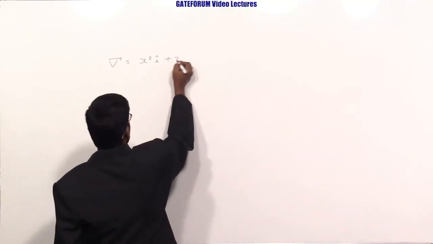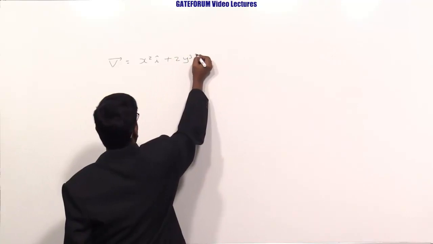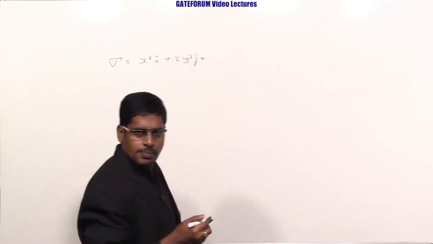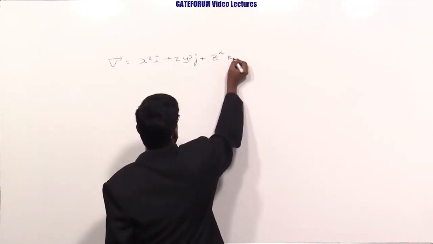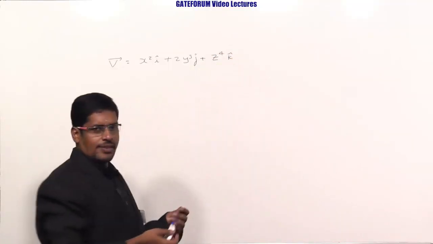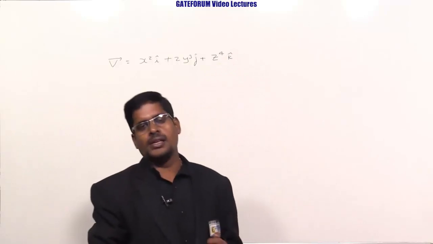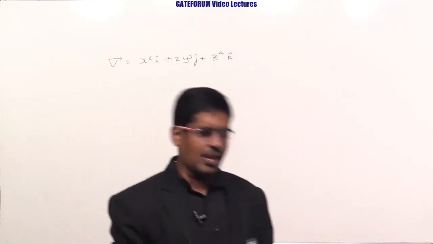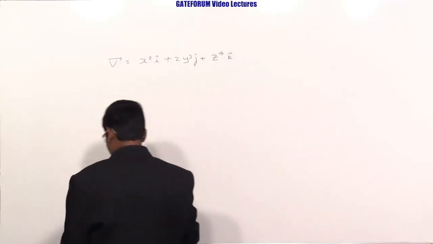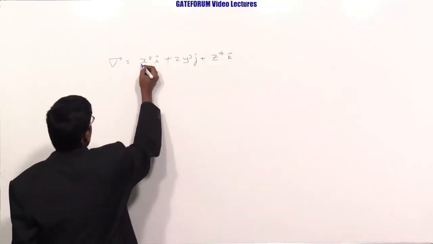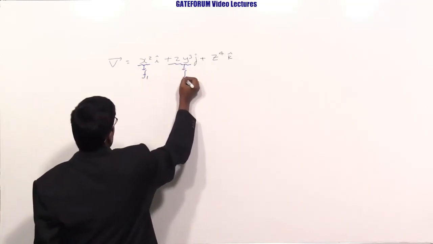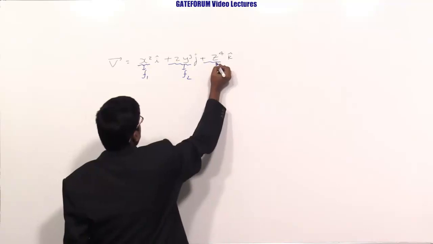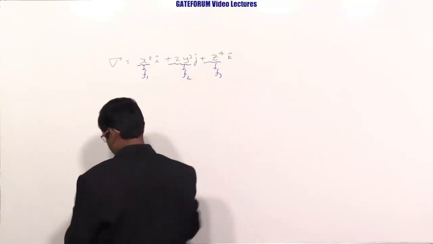While finding divergence and curl, let us denote the i, j, k coefficients by f1, f2, f3, which is convenient. So this is f1, the j coefficient is f2, and this is the k coefficient f3.